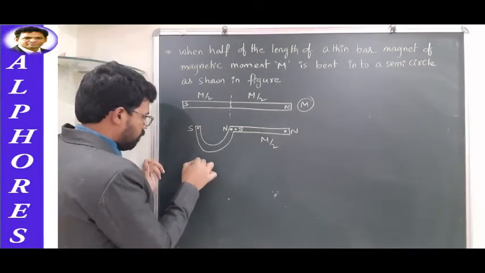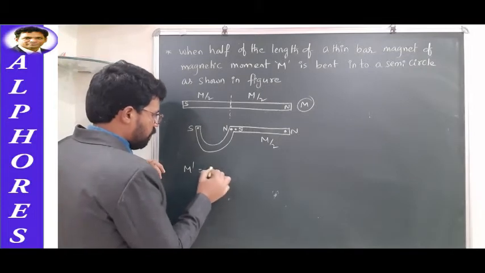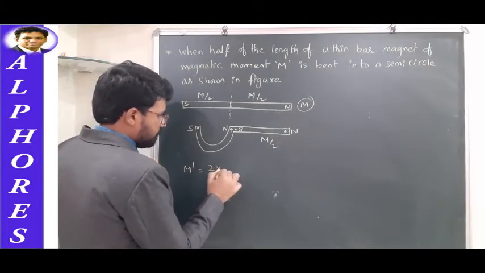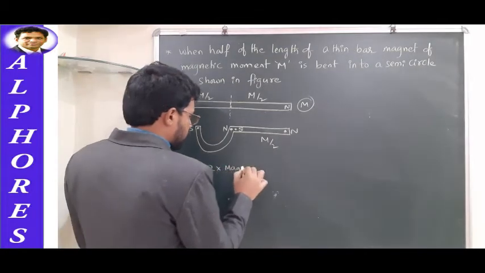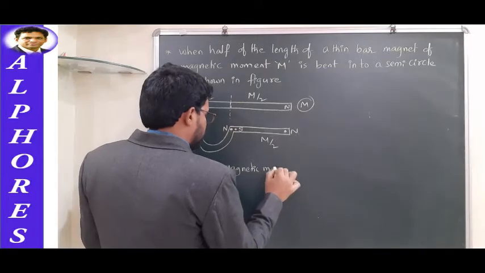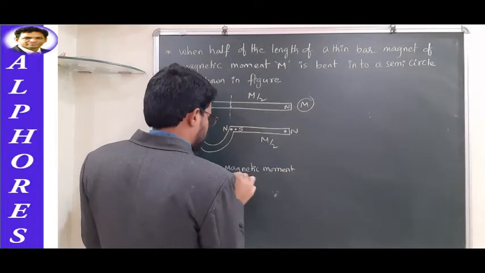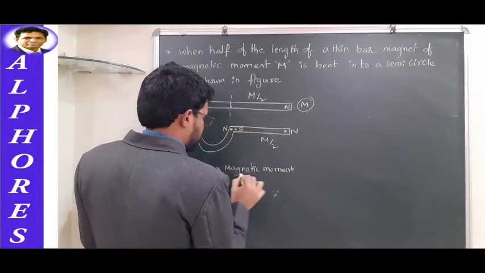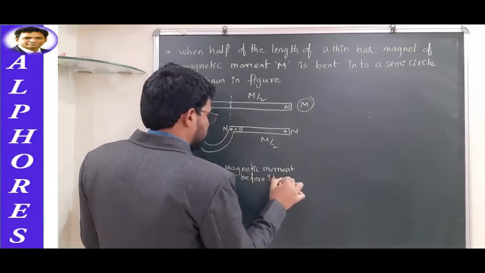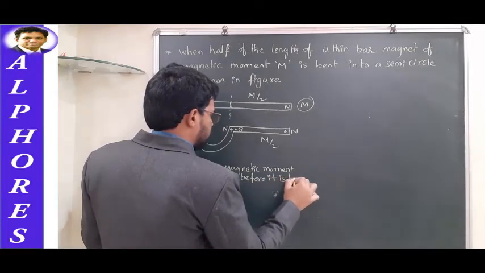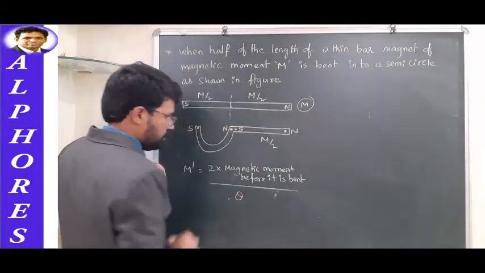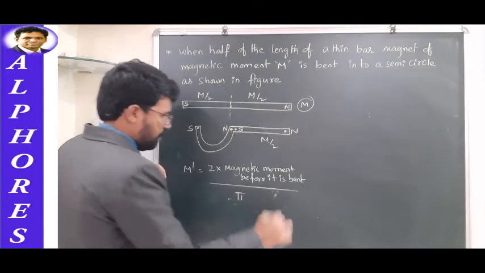The resultant magnetic moment m dash is equal to 2 into the magnetic moment before it is bent, divided by pi.